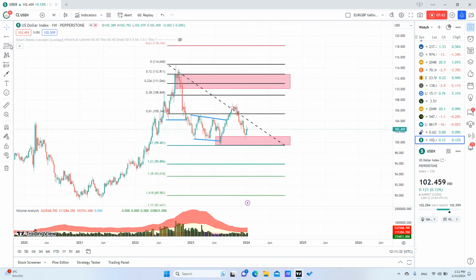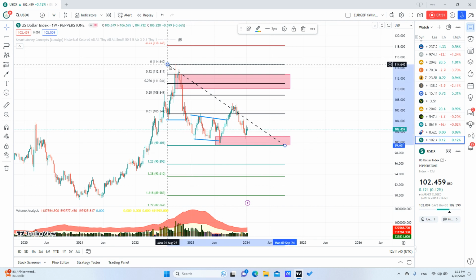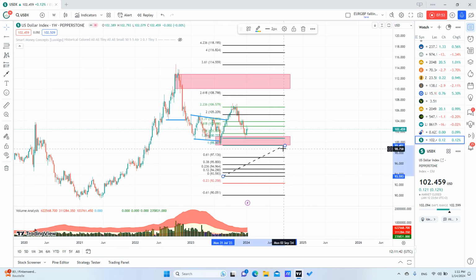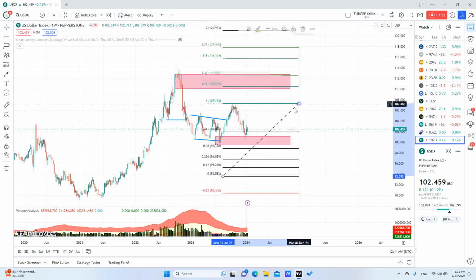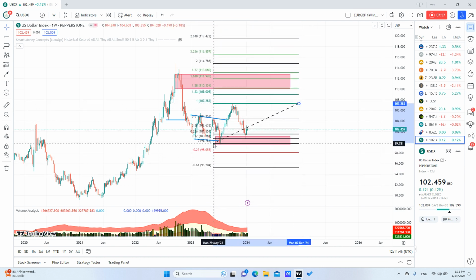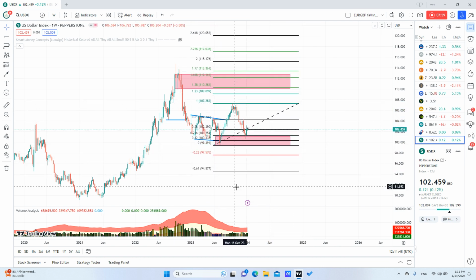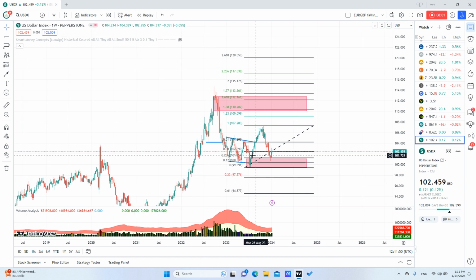Or wave 2 is not finished yet, and we may see, as I said, some strength in the next maybe weeks on the dollar. And this is actually what I expect, to see some strength, maybe until it reaches this area, and then it will start to drop like crazy.